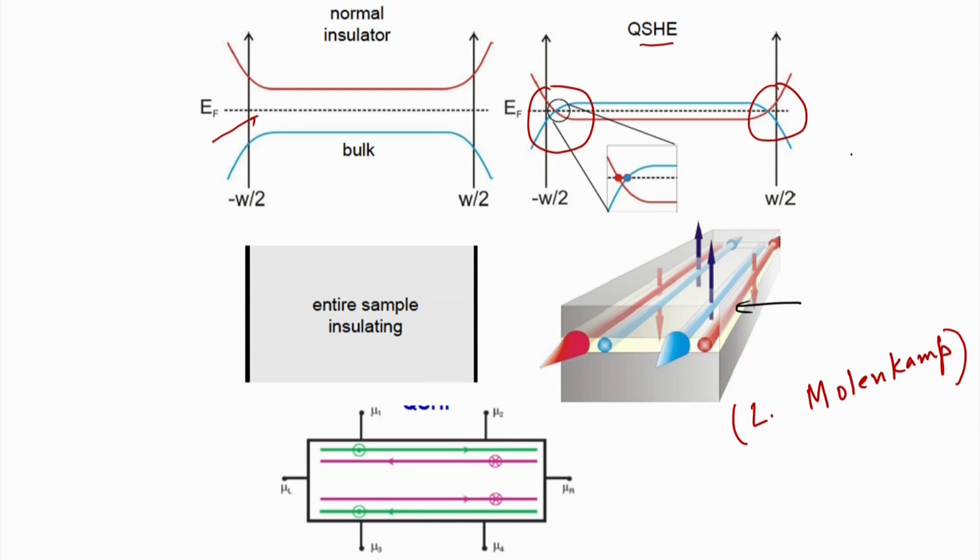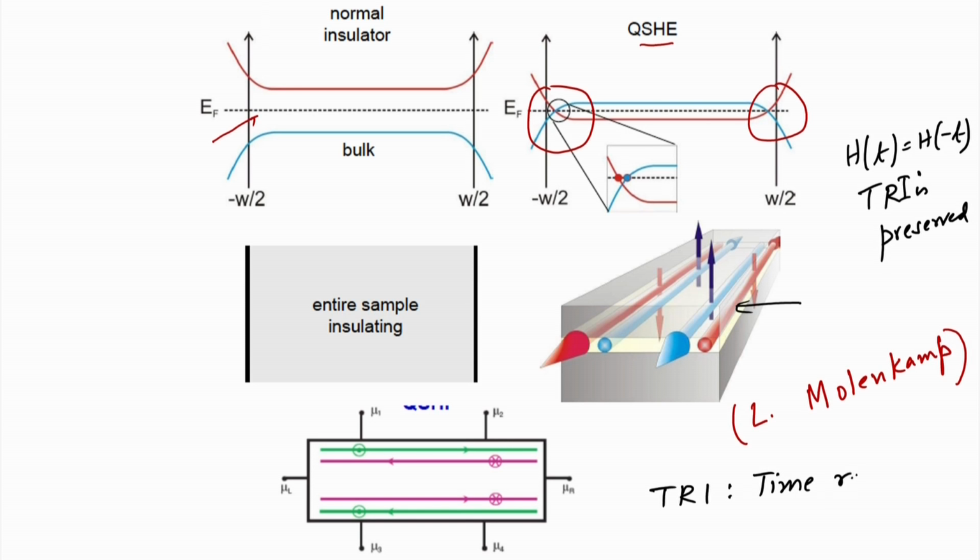What I mean by time reversal invariance is that as soon as H(t) equals H(-t), time reversal invariance is preserved. Let us call it TRI. It is preserved, and if this is not true, then of course the time reversal invariance is gone. So, TRI means time reversal invariance.